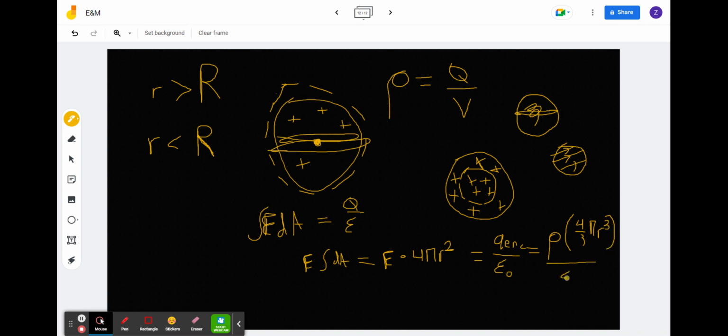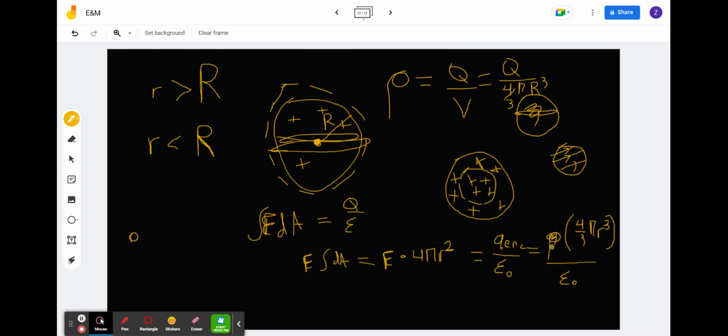So this is over epsilon naught. But then we don't want it in terms of volumetric charge density. We want it in terms of the actual charge that this insulating sphere has. So go back to our formula up here: it's the total charge divided by our volume. So our total charge is Q, and our total volume is going to be 4/3 pi big R cubed, where big R is the actual radius of this insulating sphere.